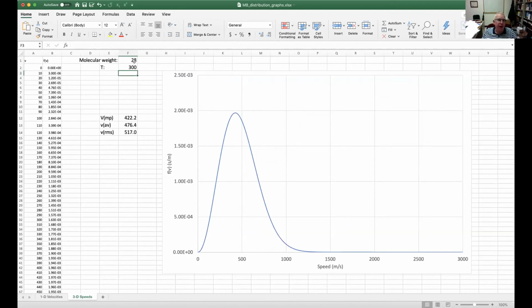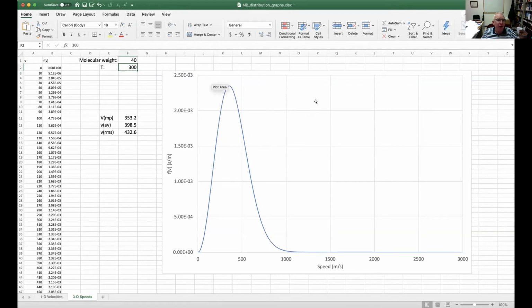If I flip it back to argon for a minute, we'll see that instead of 422 for the most probable speed of the nitrogen at that temperature, for argon I go back to 353. So as the molecules get heavier, they go slower. Lighter makes them faster. Hotter makes them faster.